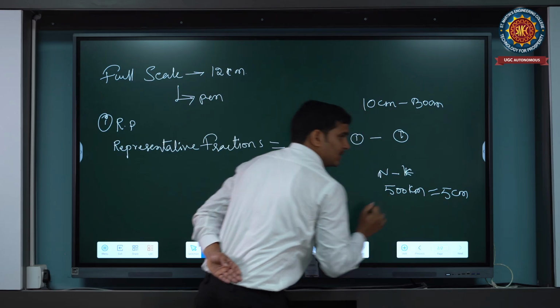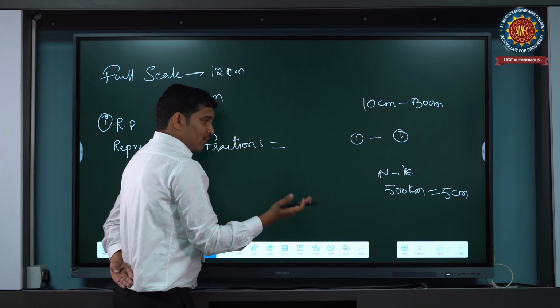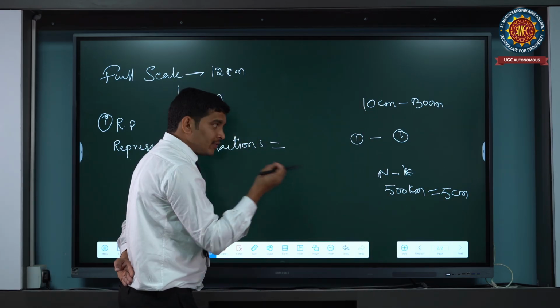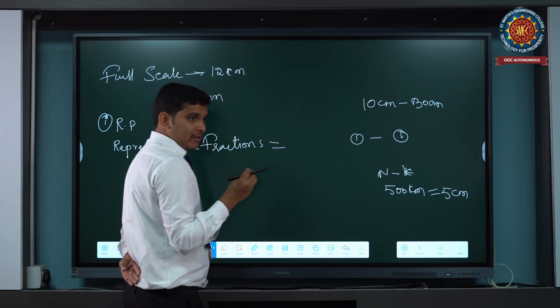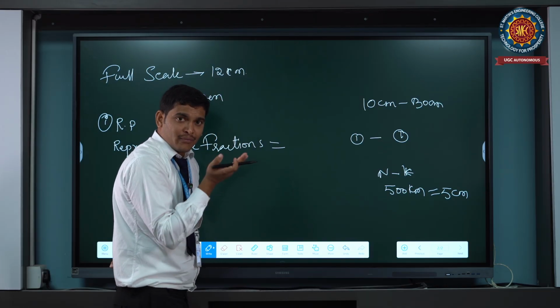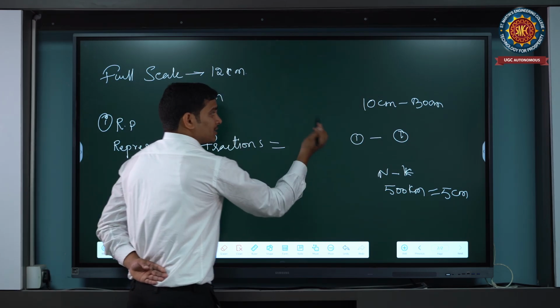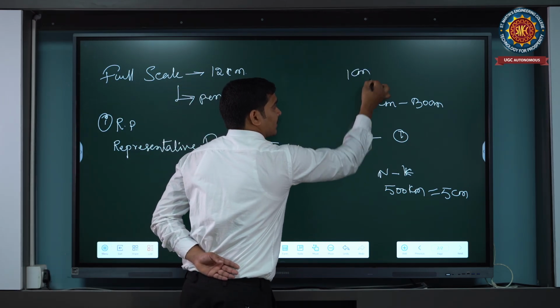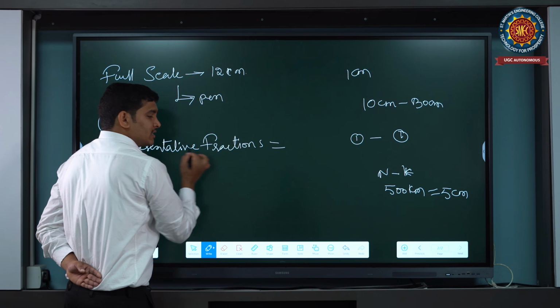For example, one building has 15 floors. In these 15 floors, one floor is represented by 1 centimeter. Like that, it is a representative fraction.